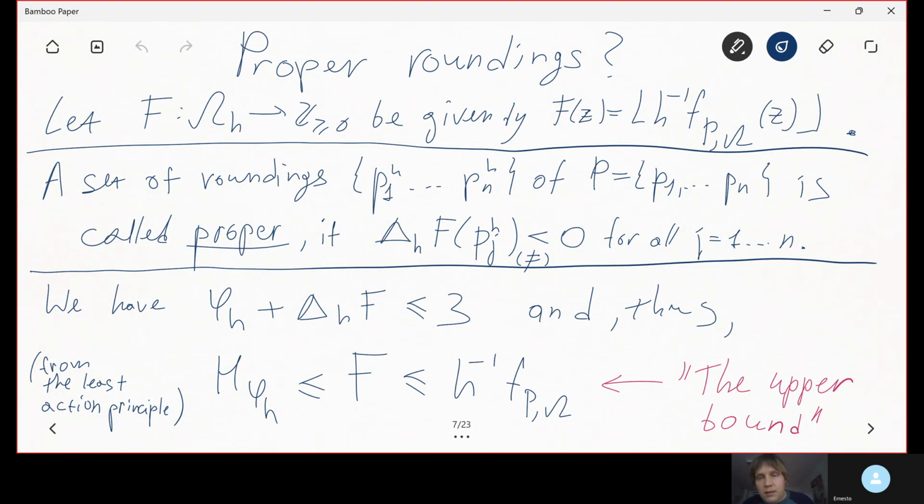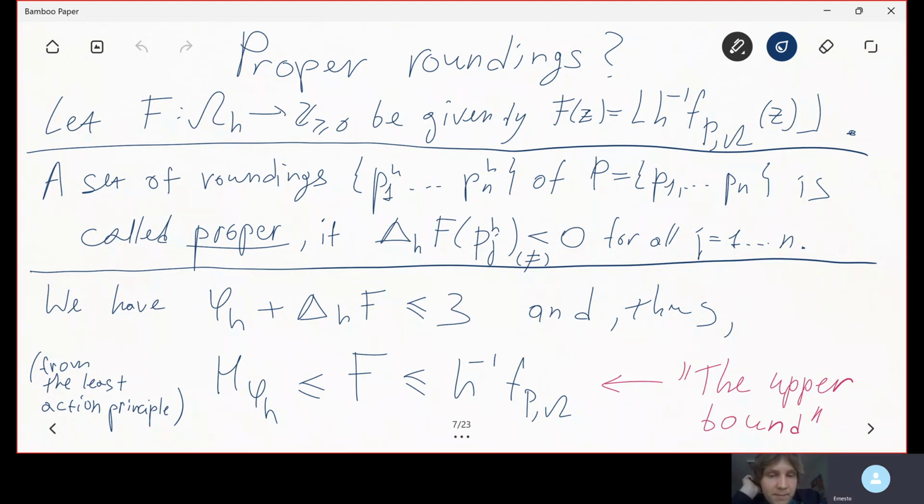It's defined as the integer part of h minus 1 F_P omega of z. And now the set of roundings is called proper if the Laplacian of this function F is less than 0 at this point.